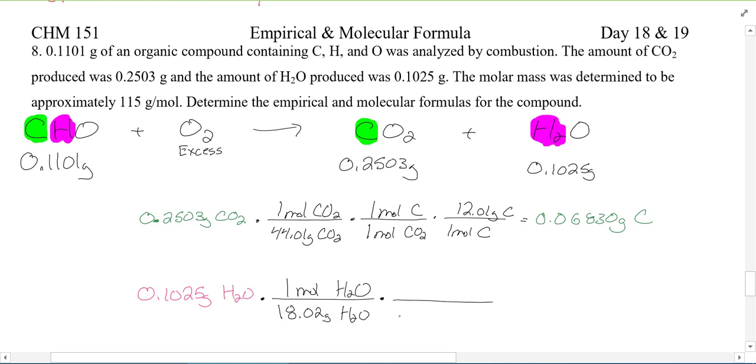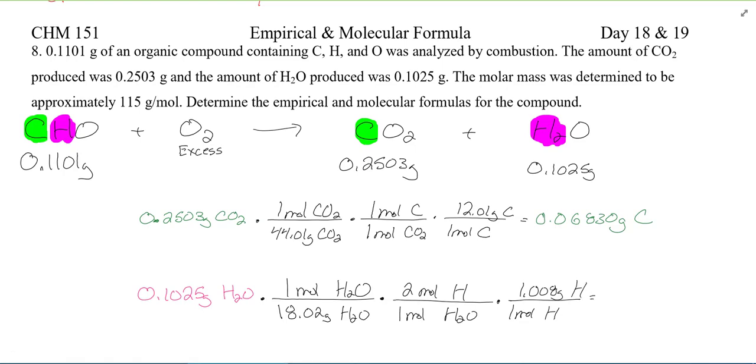And we know that for every 1 mole of H2O, there are 2 moles of H. And 1 mole of H is 1.008 grams of H. So that gives me 0.01149 grams of H.